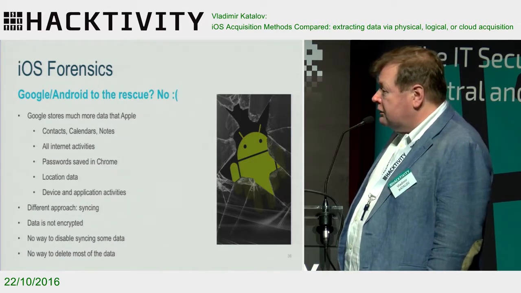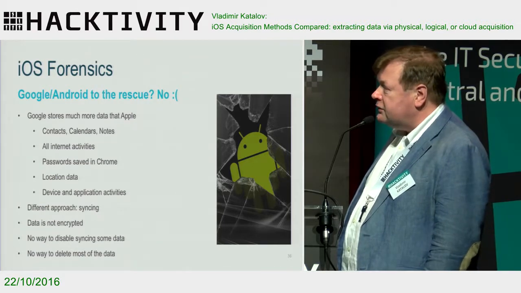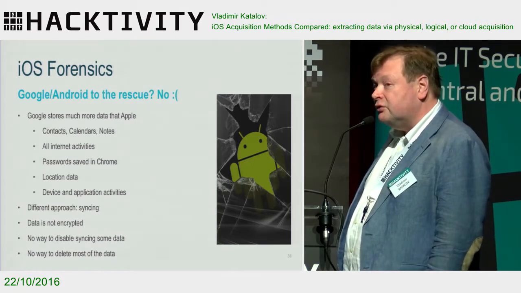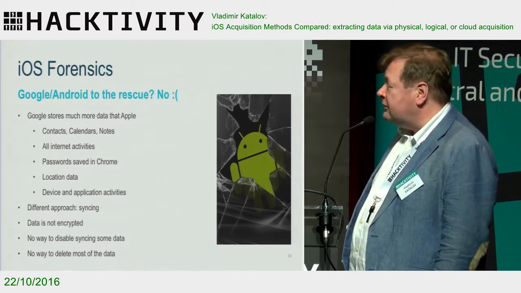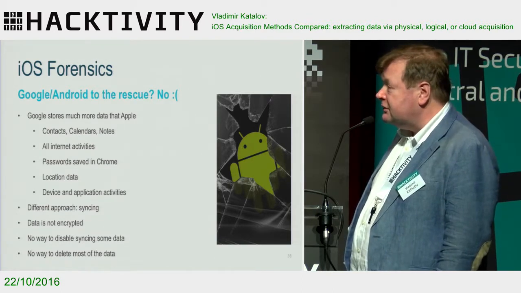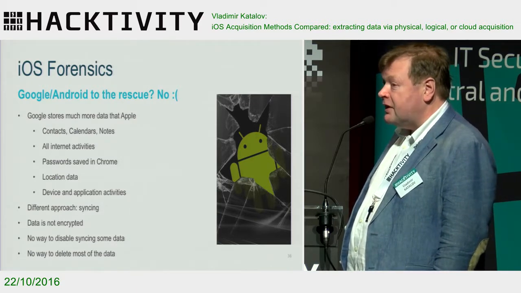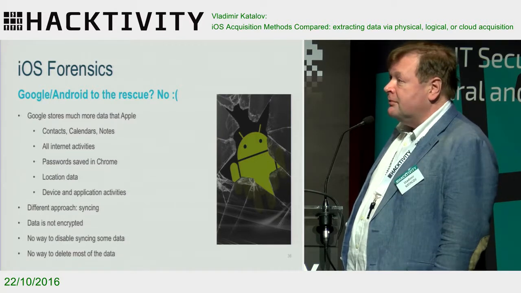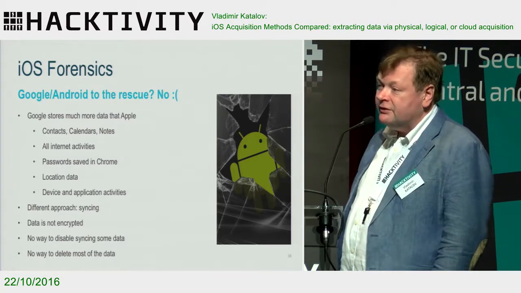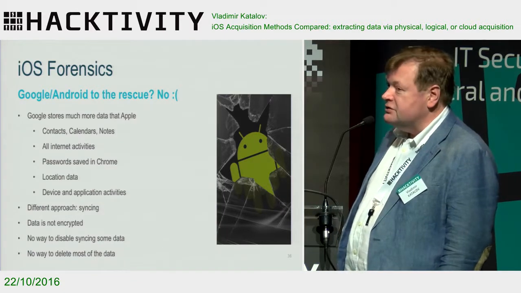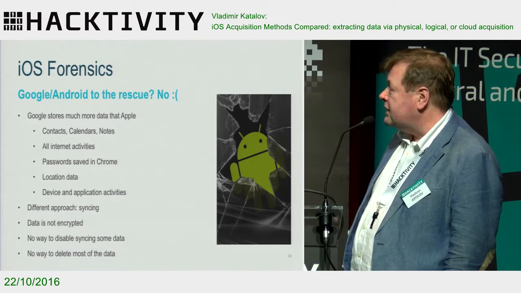The data is not encrypted there at Google, and it isn't really easy to get. You can, of course, go to the Google dashboard and see some of the information that is being synced and even download it into a really huge zip archive, and the information there will not be well structured, some in text files, some in CSV files, or even in JSON data, which is not really easy to analyze.